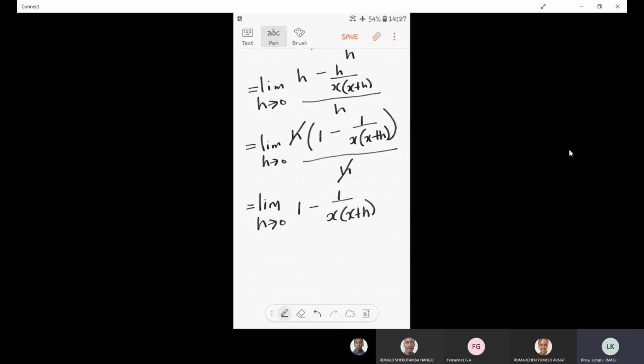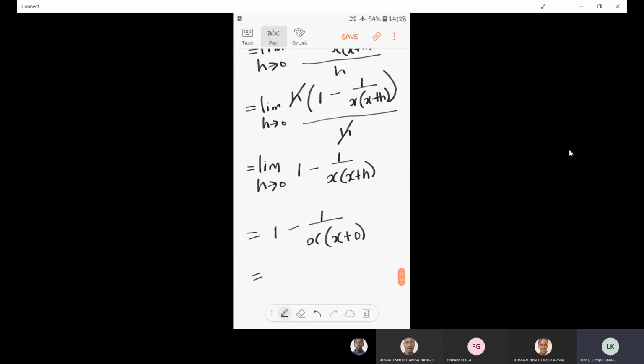Okay, now we are free to substitute because we will no longer be dividing by 0 when we substitute. And when we substitute, the limit is gone. So I have 1 minus 1 over x, and then I have x plus 0. So this is just equal to 1 minus 1 over x squared.